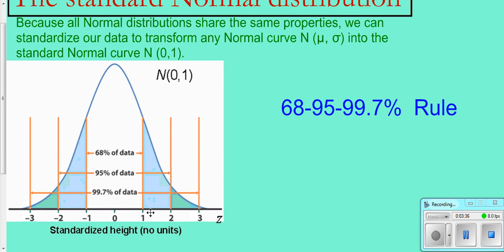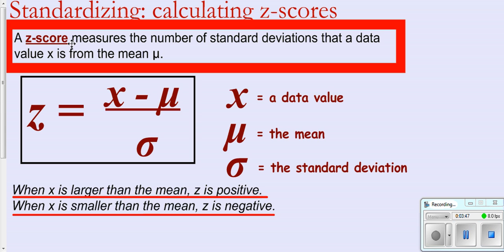But if your data value is below the mean, your z-score is going to be negative. So it's very important that you remember that a z-score is just how many standard deviations you are above or below, if it's negative, the mean. And from there, you can go ahead and figure things out.